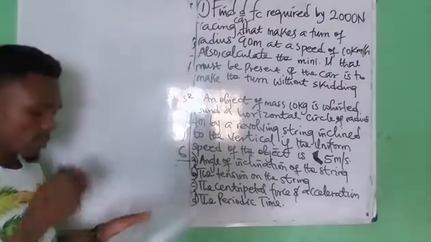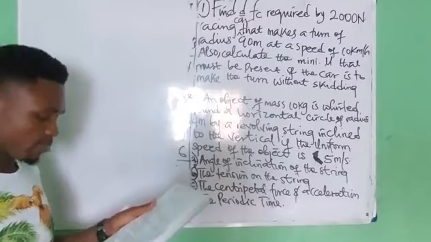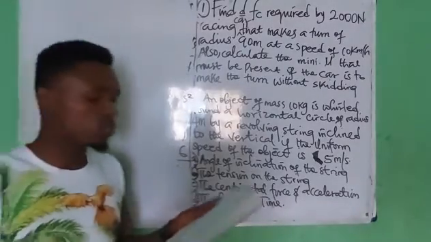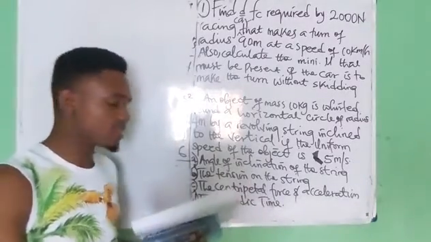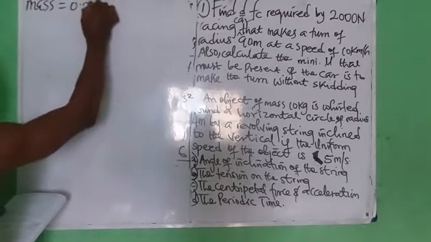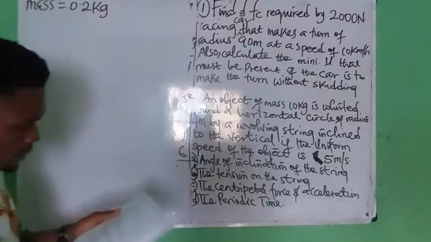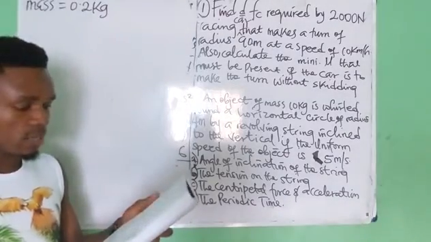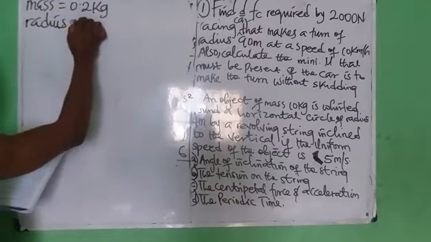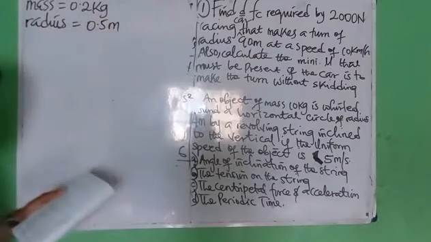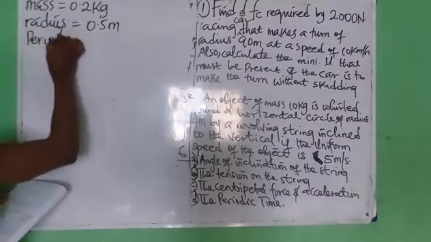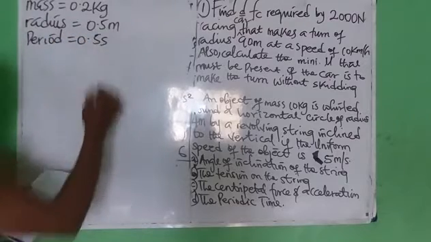Now, check your textbook, exercise 6.1, page 100. Calculate the force necessary to keep a particle of mass 0.2 kg moving in a horizontal circle of radius 0.5 meters with a period of 0.5 seconds.